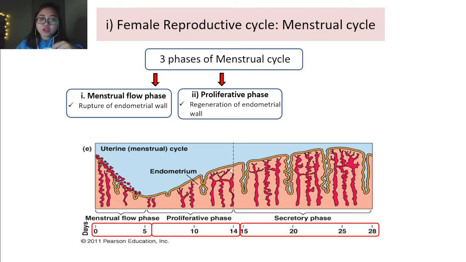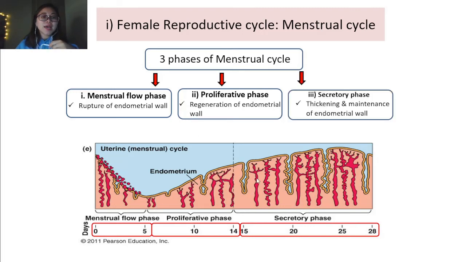Here the endometrial wall becomes thicker. And the third phase, the secretory phase. Secret means the production of something. It is when you have the thickening and maintenance of the endometrial wall. Here the endometrial wall continues to thicken and is maintained at the same time.